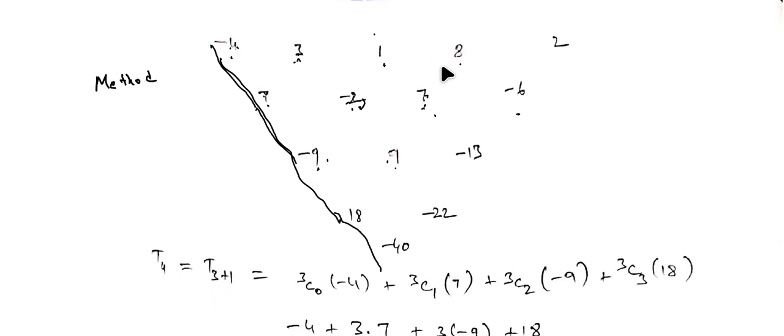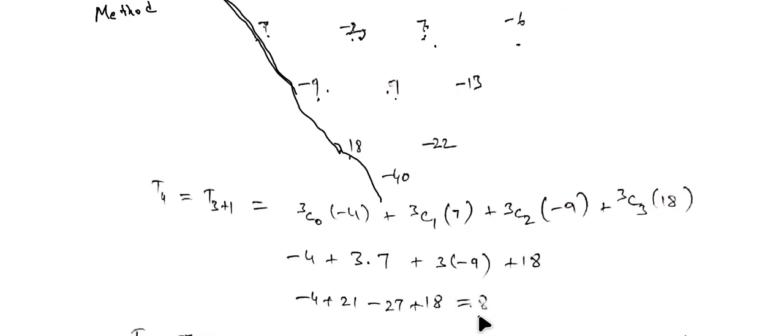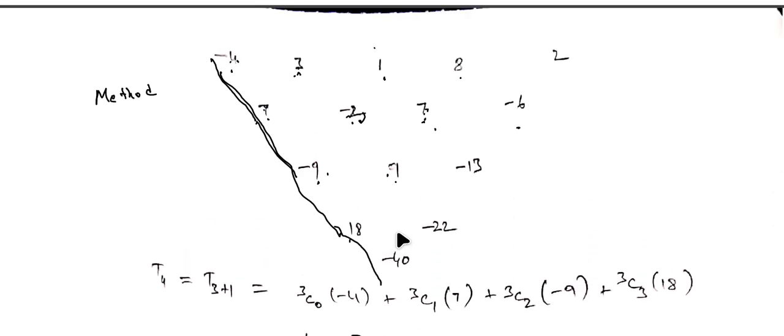T3 plus 1 or T4 should be equal to 3C0 into this, 3C1 into this, plus 3C2 into this, plus 3C3 into this. 3C0 into -4, 3C1 into 7, 3C2 into -9, 3C3 into 18. So if you calculate this, 1 into -4, 3 into 7, and again 3 into -9, plus 1 into 18. If you do the calculation, this comes up to be 8.